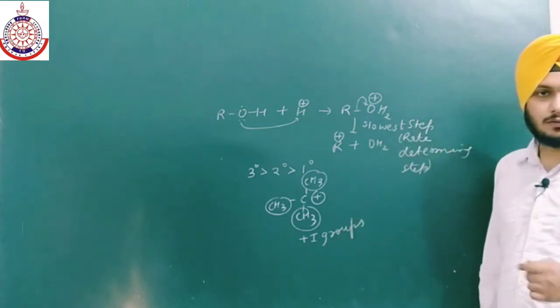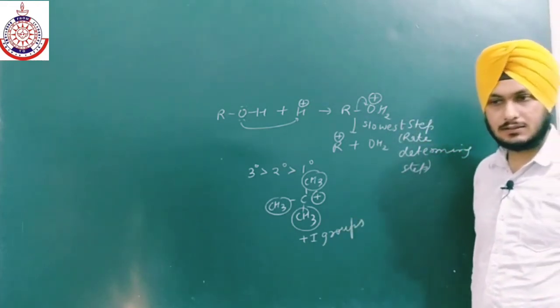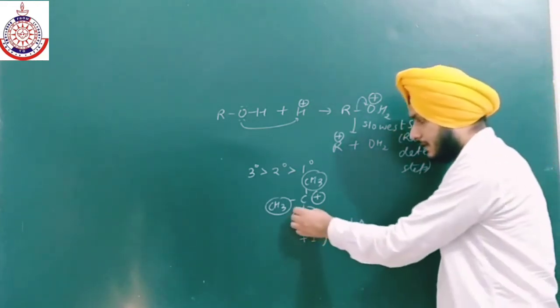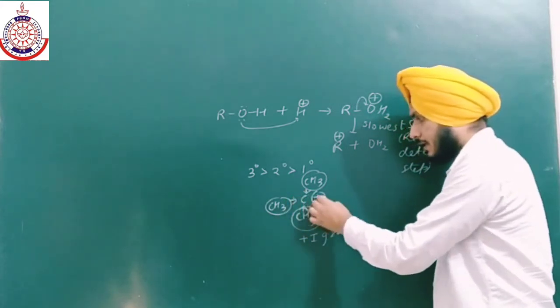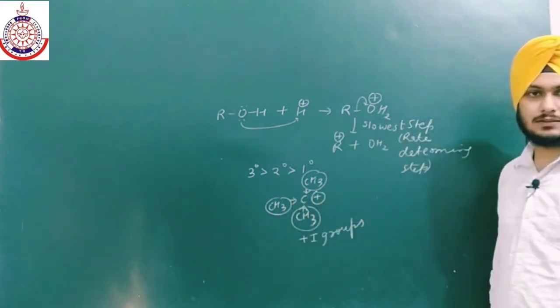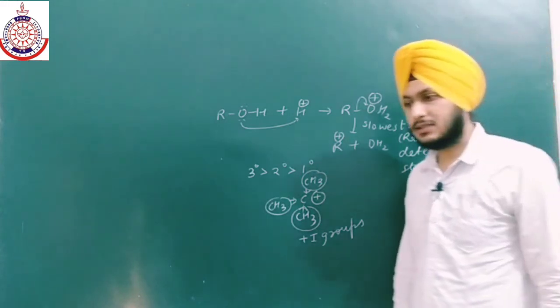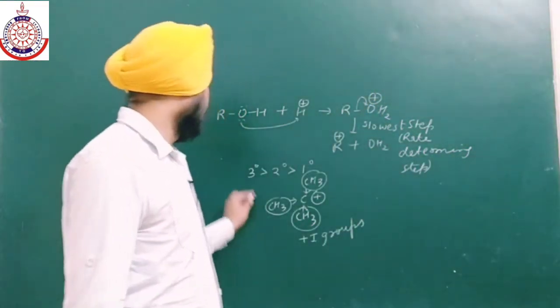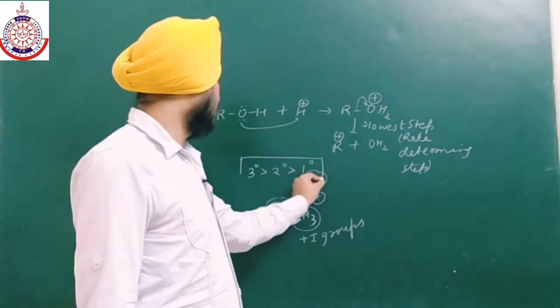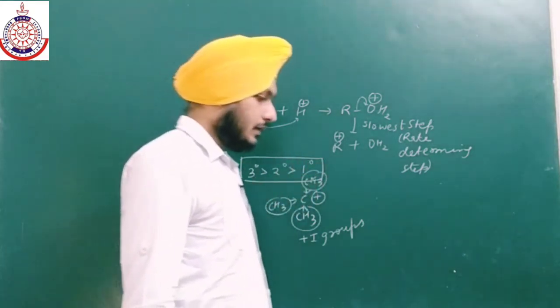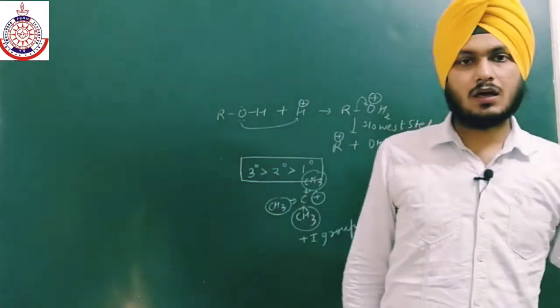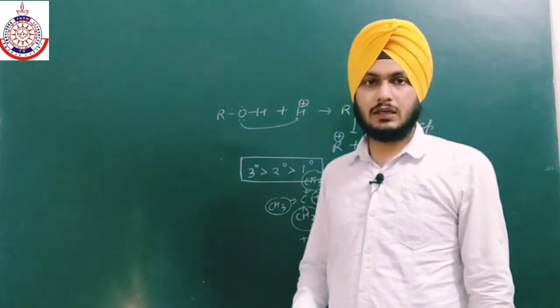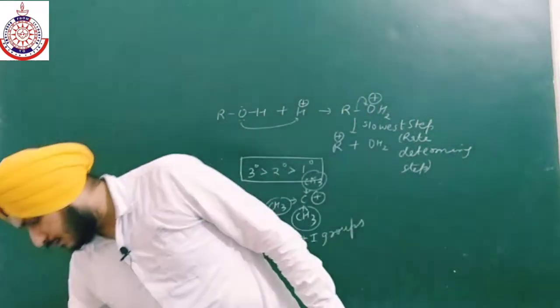We all know that plus I groups donate electron density, so they will increase the electron density and stabilize this positive charge. That is why 3 degree carbocations are more stable than 2 degree, than 1 degree. So this is also a reason why 3 degree alcohols are preferred over 2 degree, and 2 degree are preferred over 1 degree.